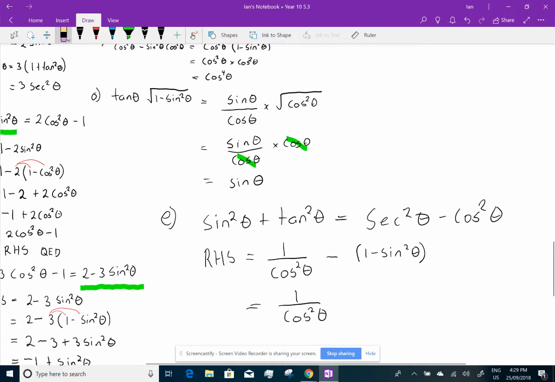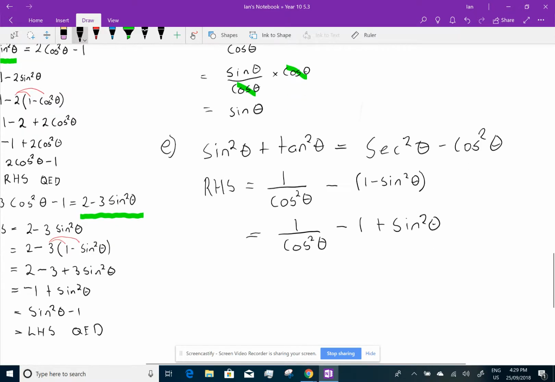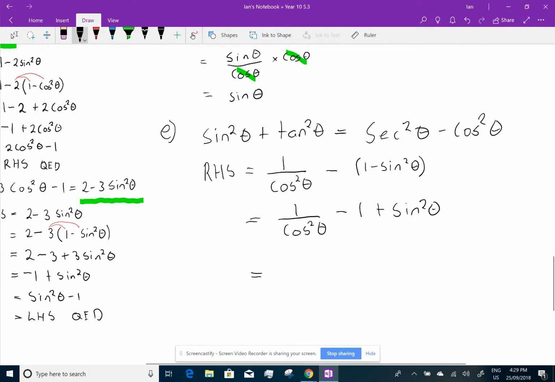And I don't know if this is going to work. Maybe, okay, we'll see how we go. Minus 1 plus sine squared theta. Okay, this is going to be a bit complicated, but it's okay. Now I'm going to get a common denominator.